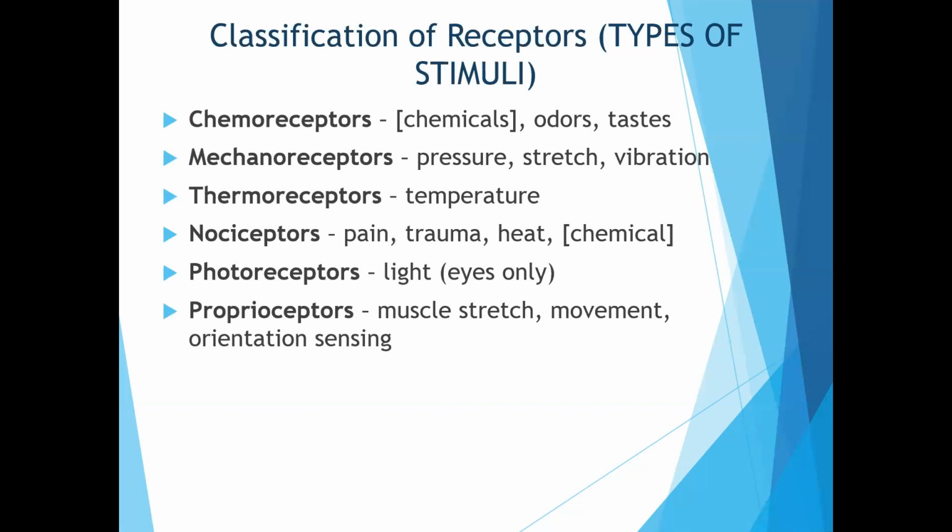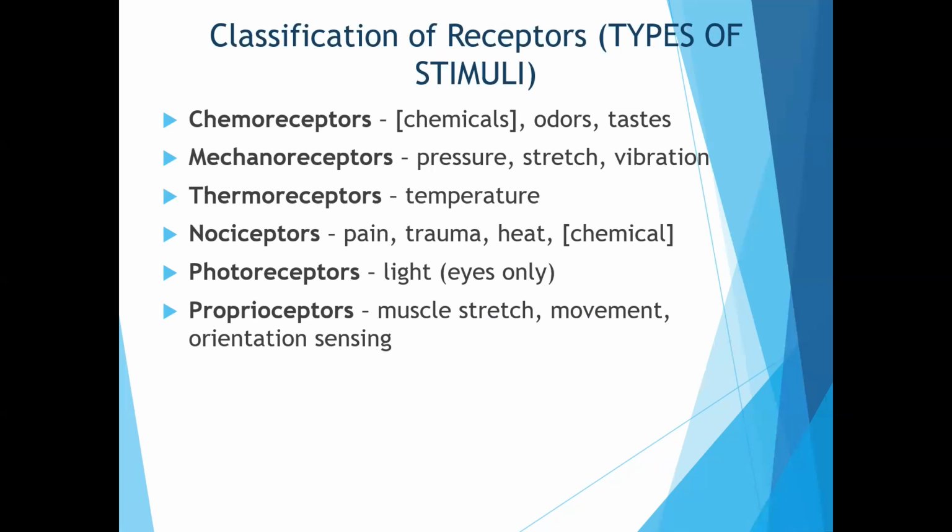Thermoreceptors detect temperature. Nociceptors, the simple explanation is pain, but this is also related to damage from trauma. Heat can cause nociception. You can have pain due to chemical interactions, or due to lack of oxygen. So the big term is that nociceptors detect pain, but there can be multiple reasons for that.